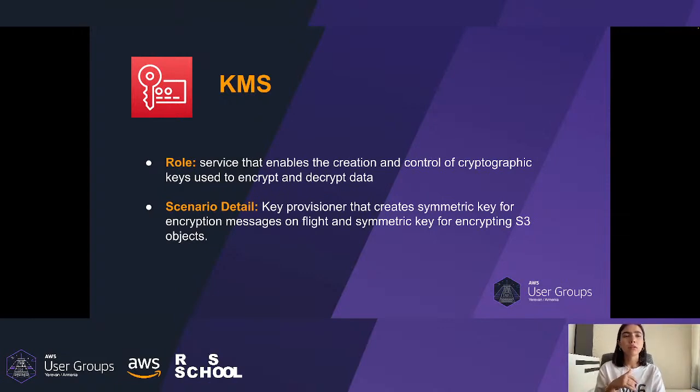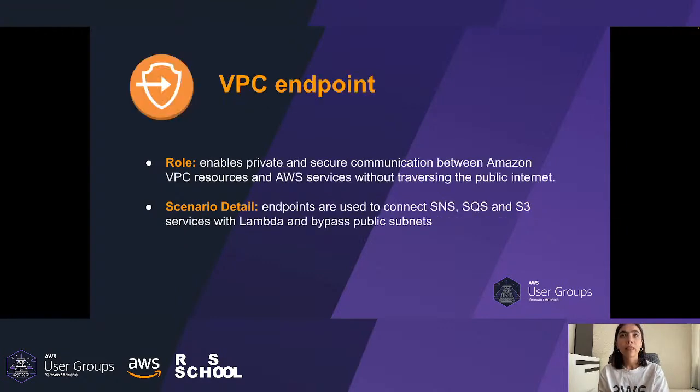We're going to talk a little more about KMS on the go, so let's not get stuck here. VPC endpoints: if you remember, we will finally go and secure our network paths. For that we will use VPC endpoints, private ones, of course.